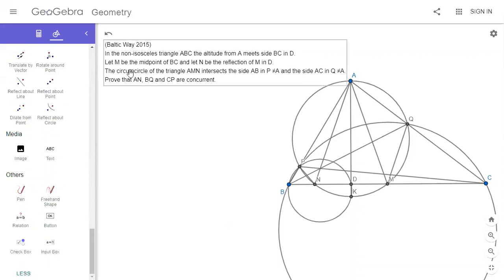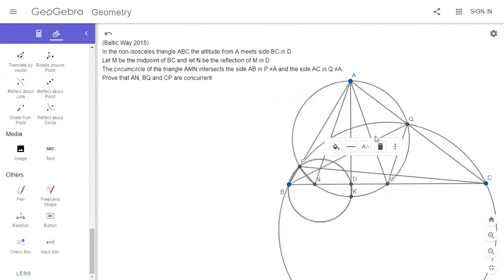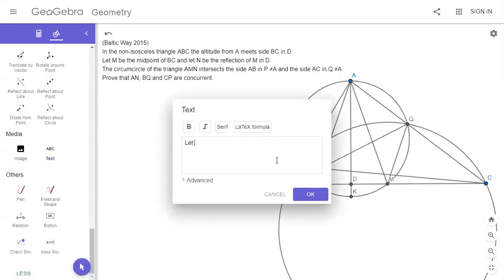I'm going to start writing it over here. So write out the details using power of a point and Ceva. So let AD meet the circle AMN at K.